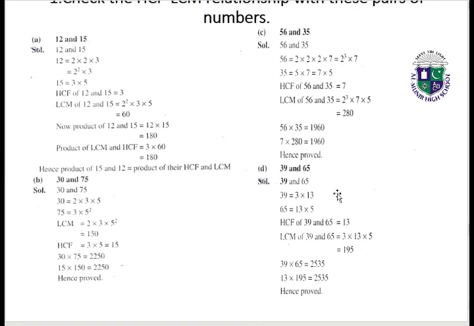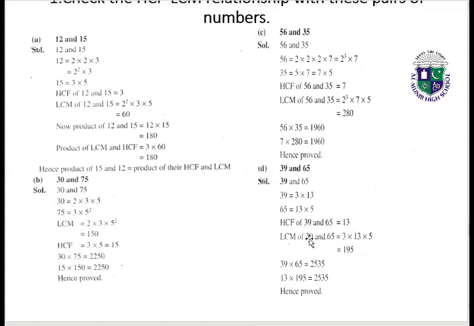Part D: 39 and 65. 39 is 3 multiplied by 13, and 65 is 5 multiplied by 13. Highest common factor of 39 and 65 is 13.